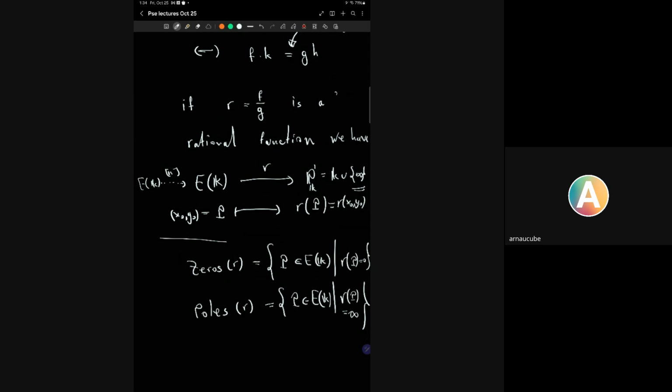And we started to unravel a very strong symmetry property of rational functions.